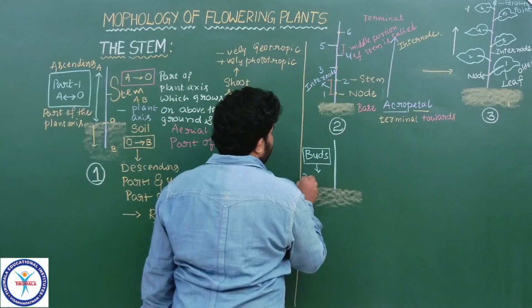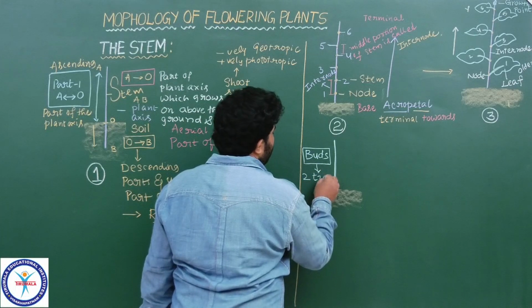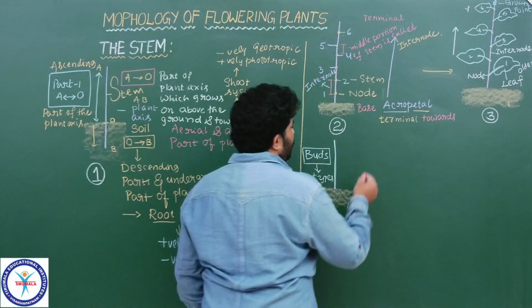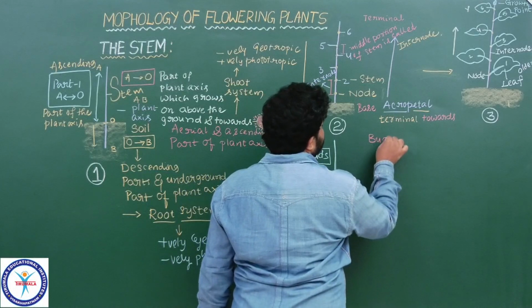See here, the buds actually are of two types. How many types of buds do we see here? Two types.